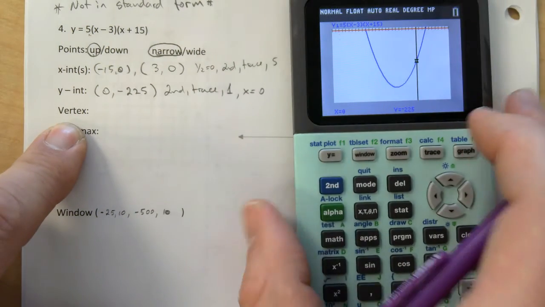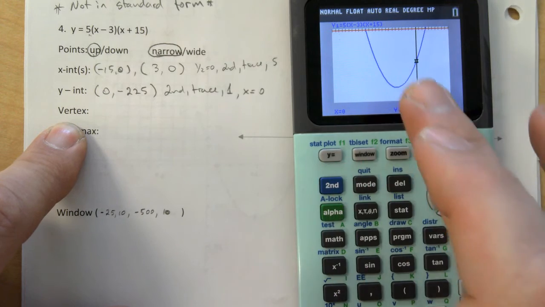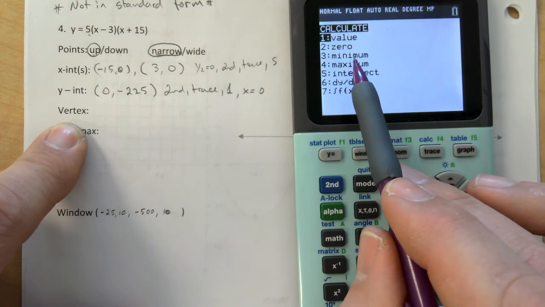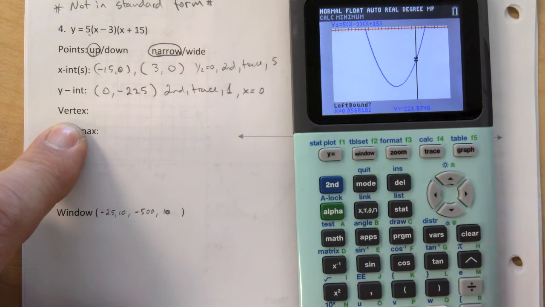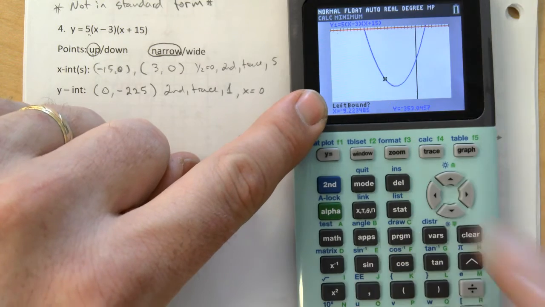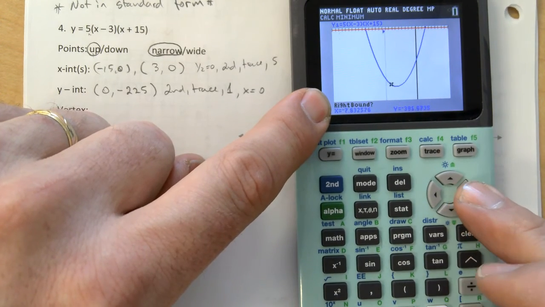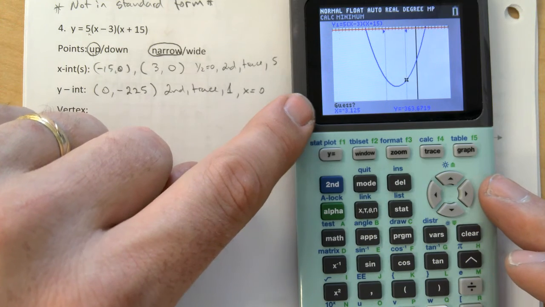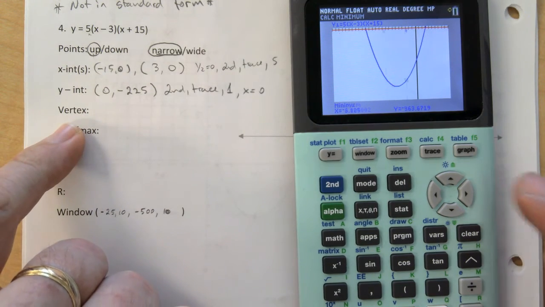Vertex, let's go ahead and find that. It's a min again, right? It's a low. So second trace min. I'm going to go to the left, right? Because it's asking for left boundary. Enter. It's asking for right boundary. Travel, enter. Guess, sure.